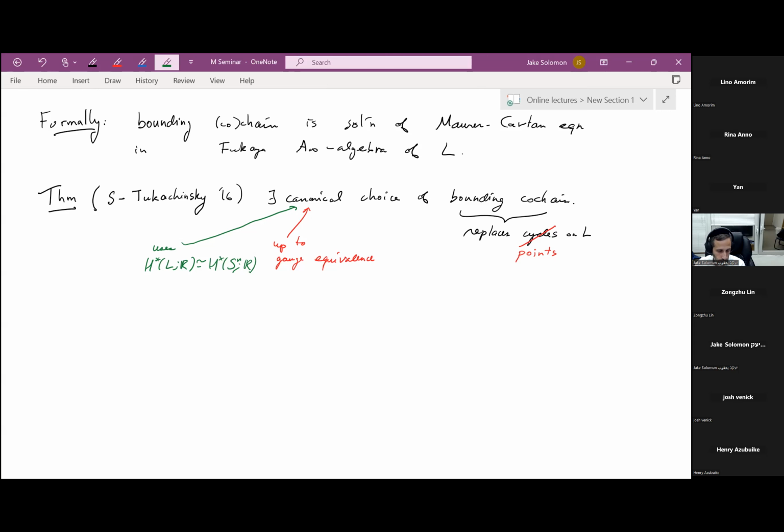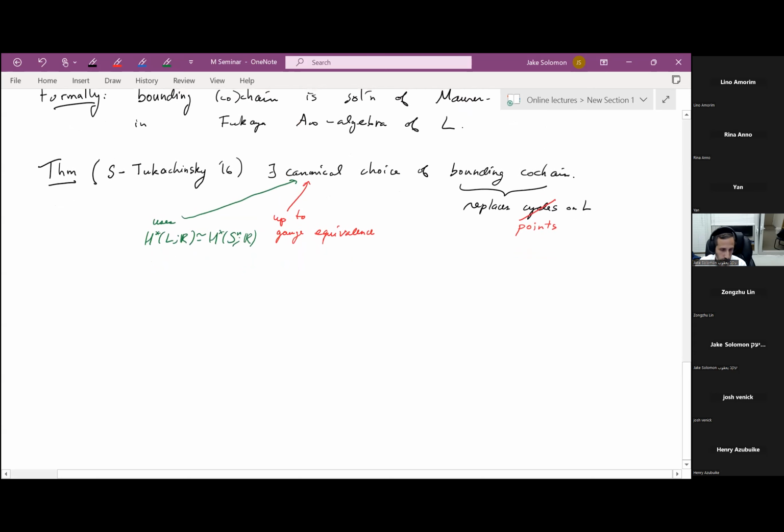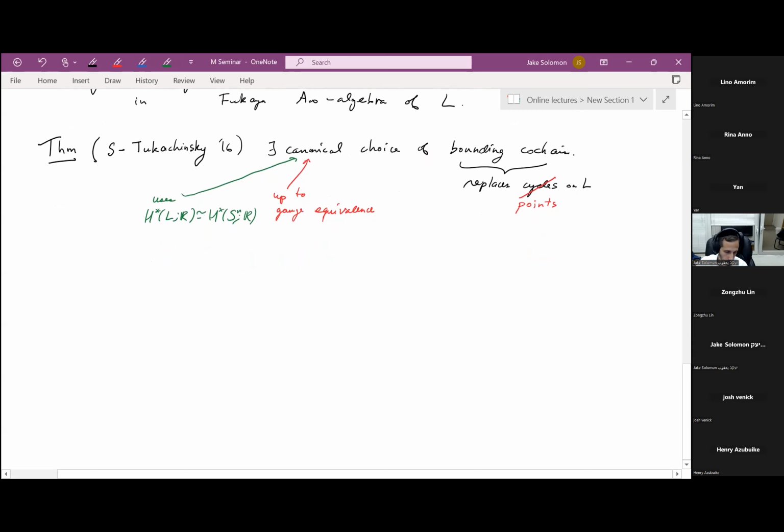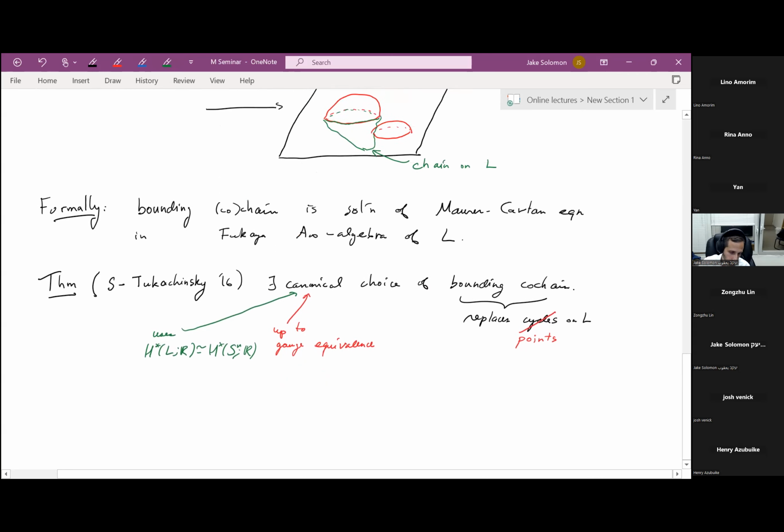I think Tukachinsky has a forthcoming result in which the cohomology of the ambient manifold surjects onto the cohomology of L. These are different situations in which you can find a canonical bounding cochain. A priori, it depends on some kind of obstruction theory, where the obstructions lie in cohomology, which vanishes for a sphere. In the involution-invariant case, some of the obstructions vanish because of the symmetry, and you can require less cohomological restriction.